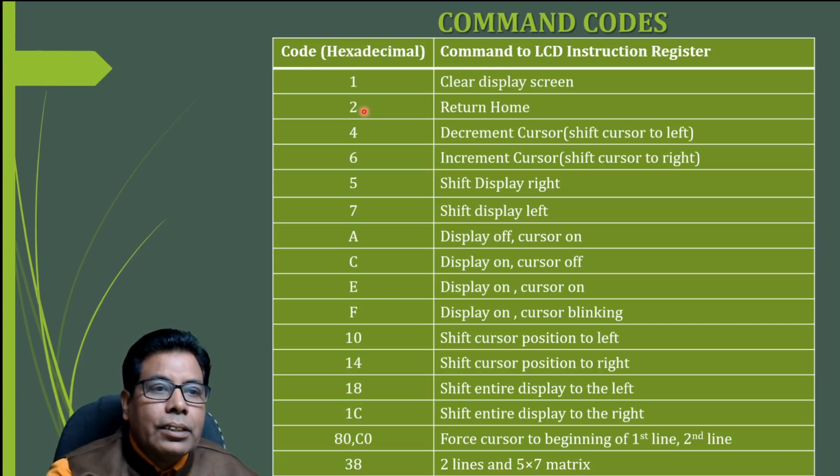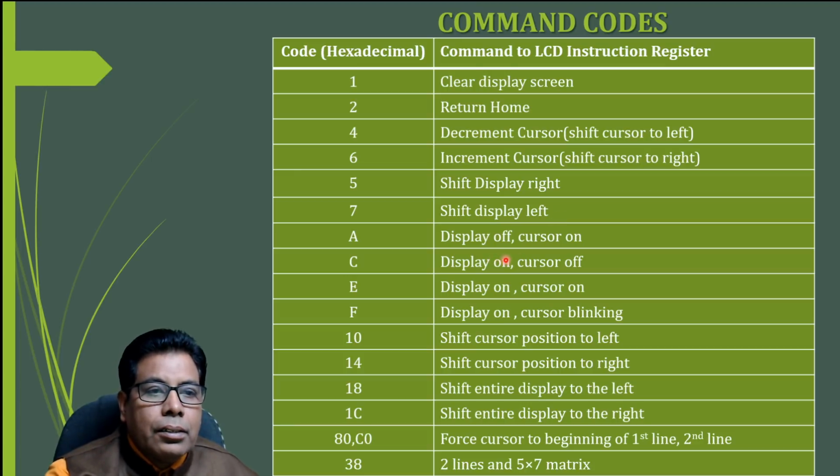Then 02 is for return home. Then 04 is for decrement cursor, that is, shift cursor to the left. Then 06 is for increment cursor, that is, shift cursor to the right. Then similarly 05 shift display right, and 07 shift display left. So here we can position the display also.